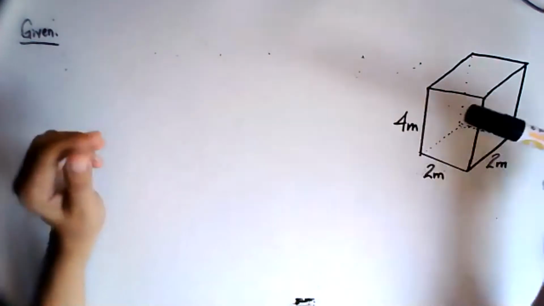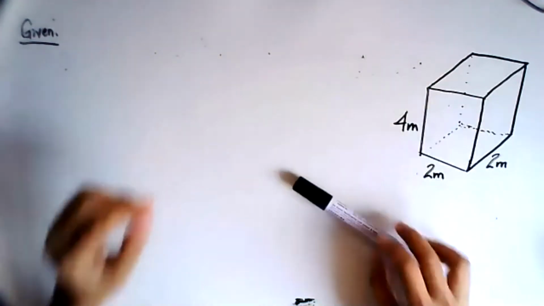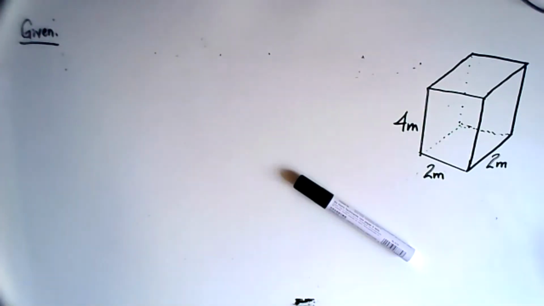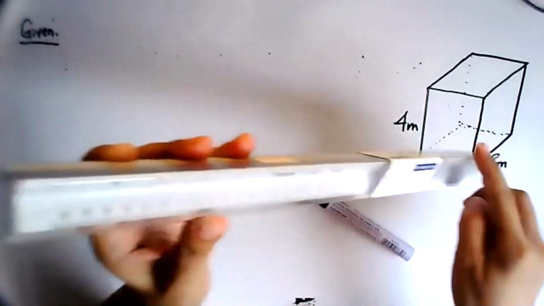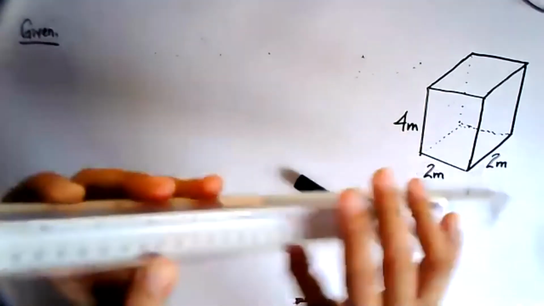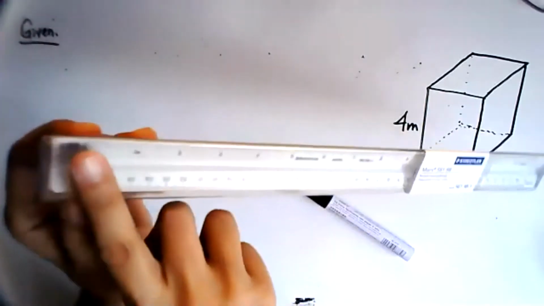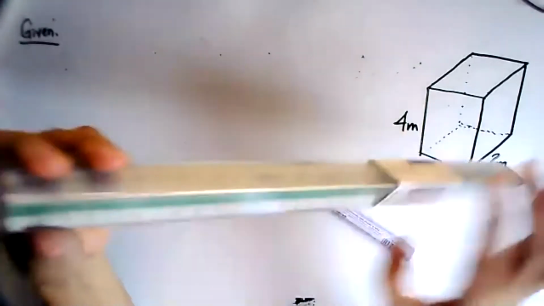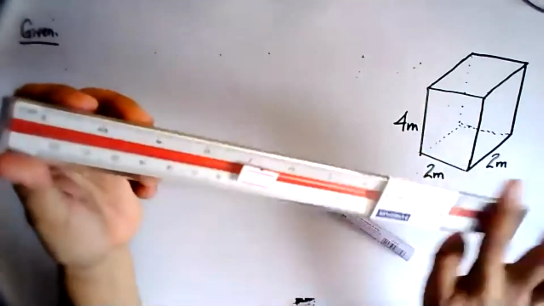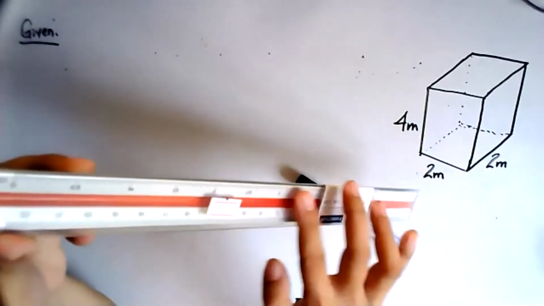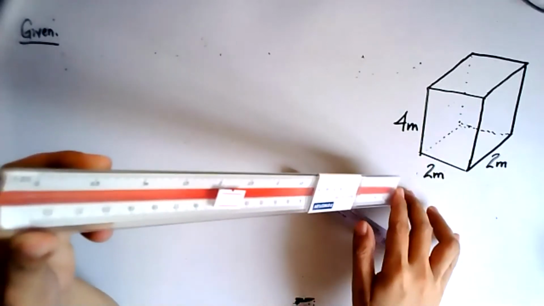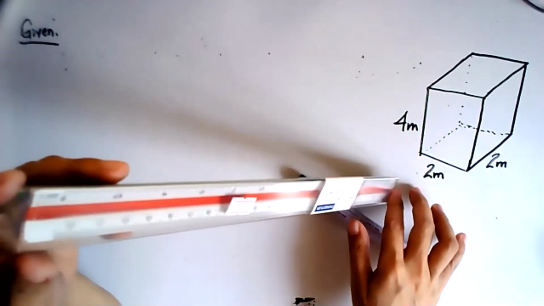So when you say lateral area, let me demonstrate first. Since this is the lateral edge, the lateral area for a triangular prism is 1, 2, and 3. So you have 3 faces, 3 edges, 3 lateral areas for a triangular prism. Okay?